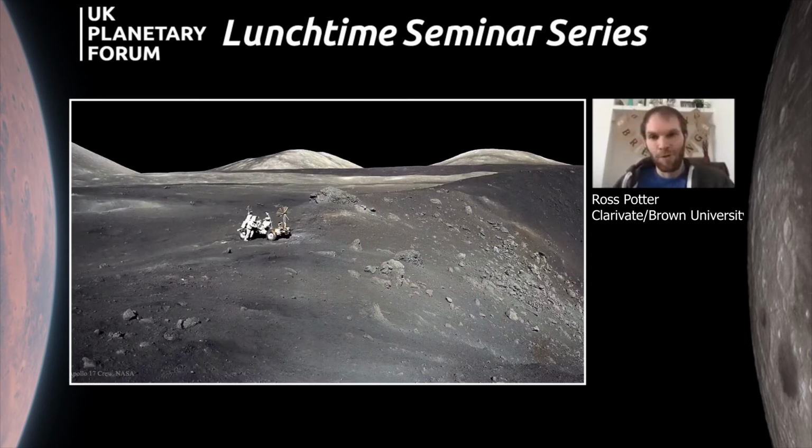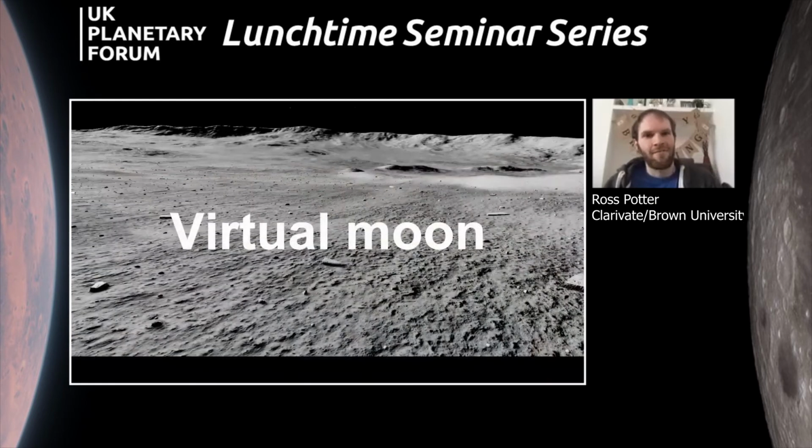And this is a problem because to be able to create a specific data set for a machine learning model, you need lots and lots of images, not only from the surface perspective, but also from the satellite perspective. So because of the lack of images from the surface, we had to create our own virtual moon environment.